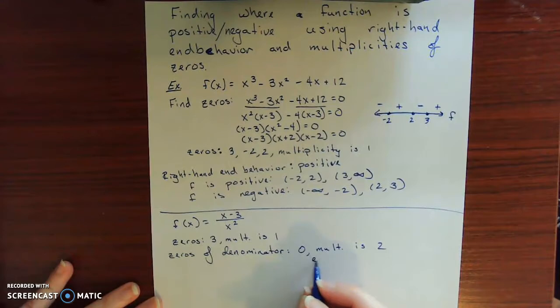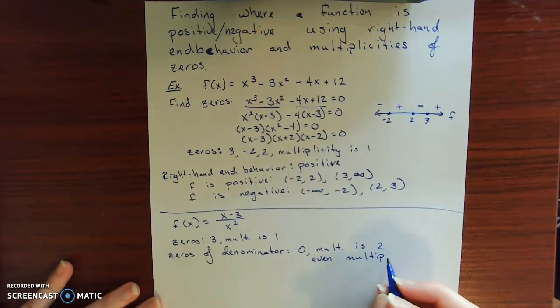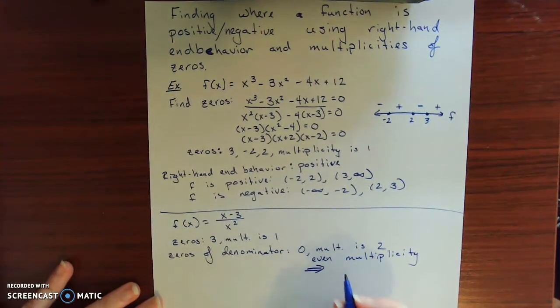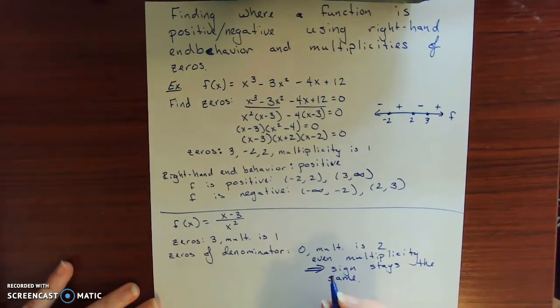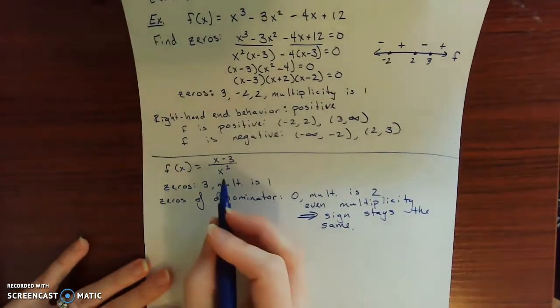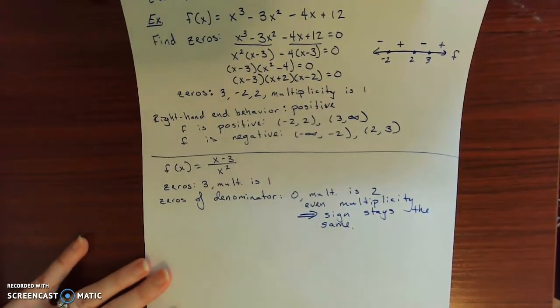So whenever you have an even multiplicity, that means the sign stays the same. So with a polynomial, that's where you would just touch the x-axis. In this case, for a 0 of the denominator, it just means that the sign does stay the same. Okay, and if you plug in some values, it makes sense.